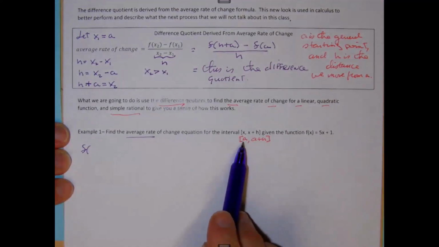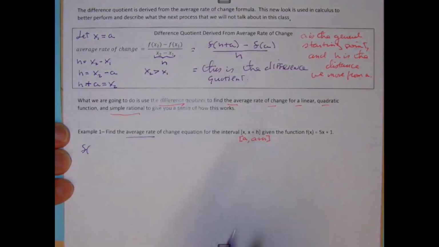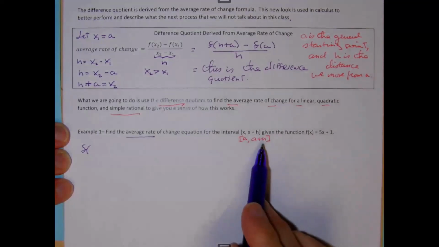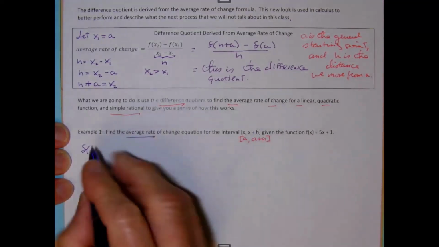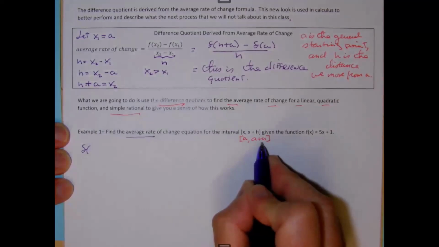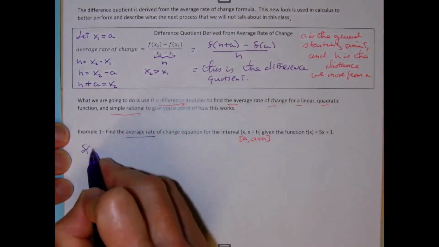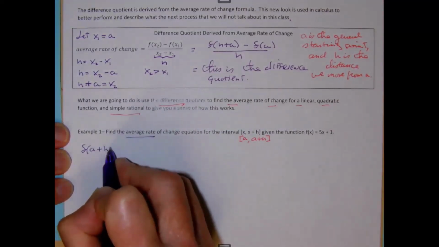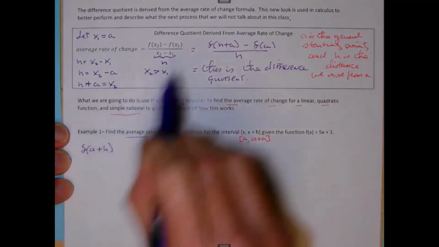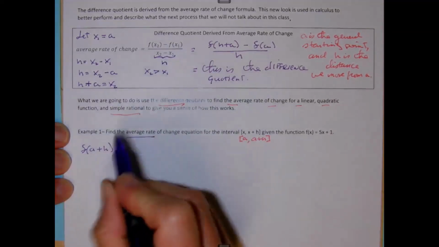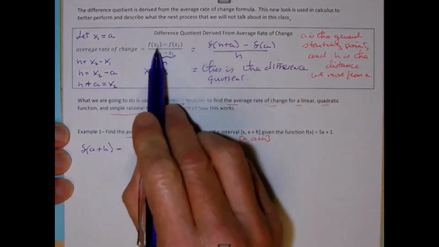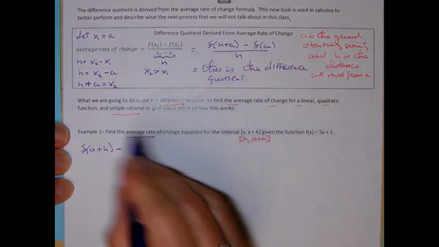On this interval, that's exactly what was explained. That gives me a better sense of where I'm going to put these two. I'm going to put a plus h, which is the bigger one here. So I'm applying that formula, and then the first one, which is a.